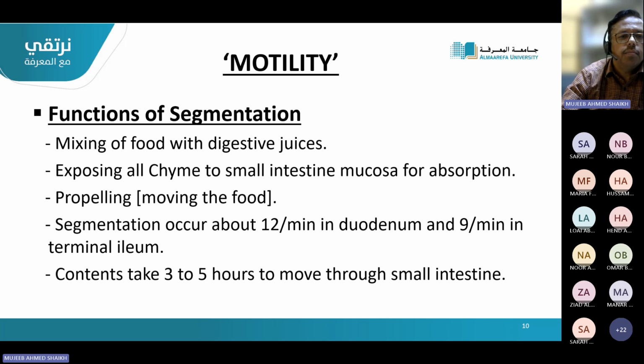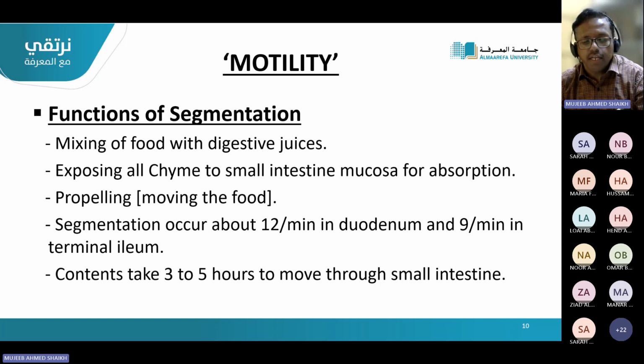Whereas in the terminal ileum, it is about 9 times per minute. So initially there is slightly faster contraction and relaxation, and in the later part, there is slower contraction and relaxation. So food will not move in this direction. Food will move from faster to slower. So it will move from the duodenum to the ileum.